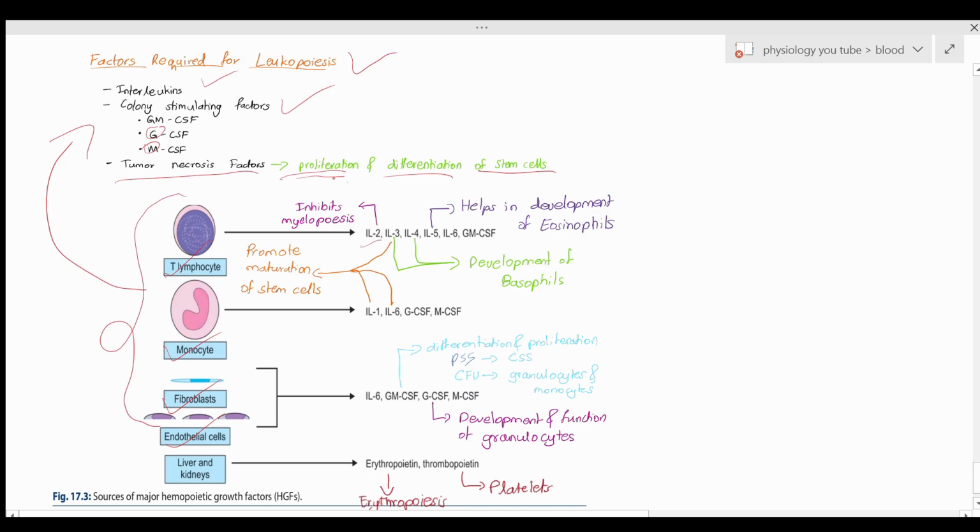Interleukin 2 inhibits the myelopoiesis, means it is controlling the myelopoiesis. Interleukin 3, interleukin 1 and interleukin 6 promote the maturation of the stem cells. Interleukin 5 helps in development of eosinophils. Interleukin 3 and interleukin 4 help in development of the basophils.